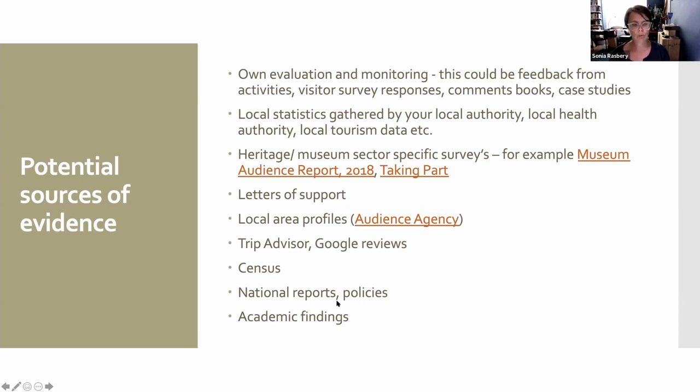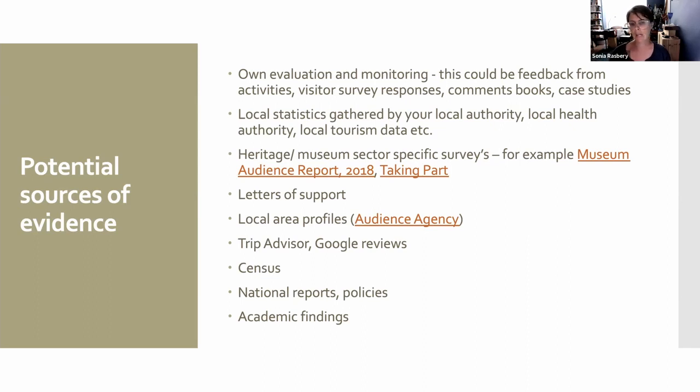You can look at national reports and policies. For example, if you're putting in a project to do with health and well-being, there's information out there from the King's Fund and similar bodies around more general health and well-being that you may want to refer to as a national reference point.